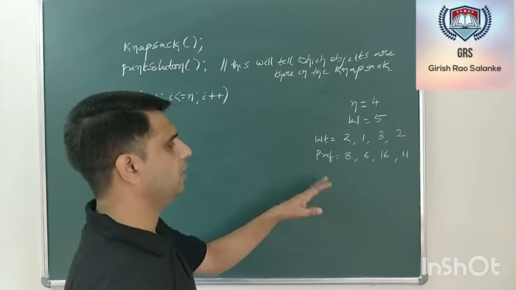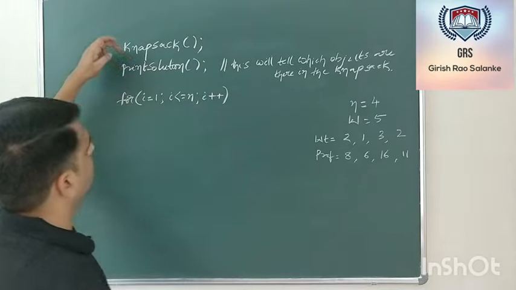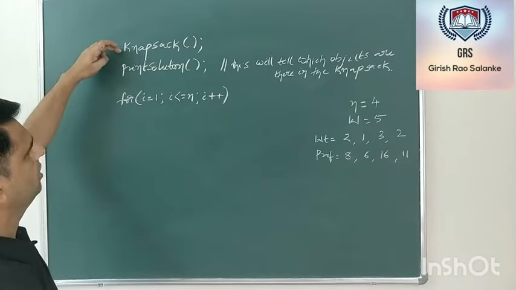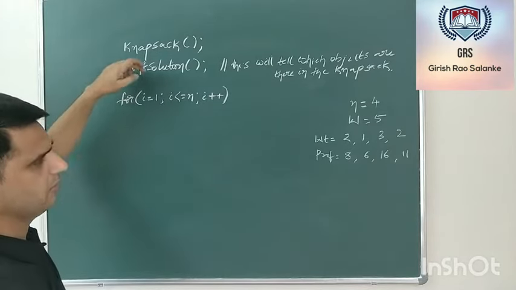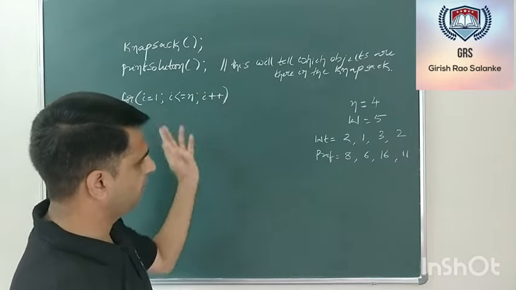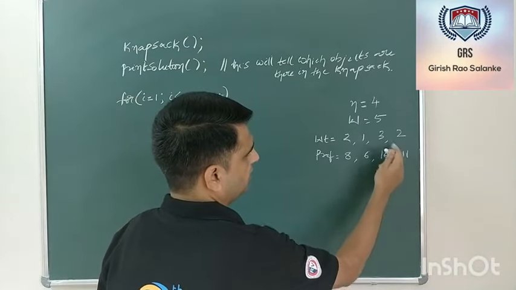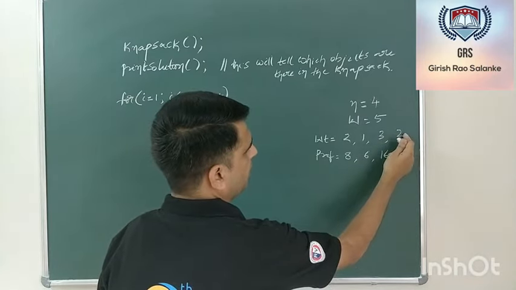For this particular input, I constructed the table, and the table construction is there in this knapsack function. And when we print the solution, we are able to get which objects were included onto the knapsack. I know the solution to this is the third object and the fourth object need to be included.